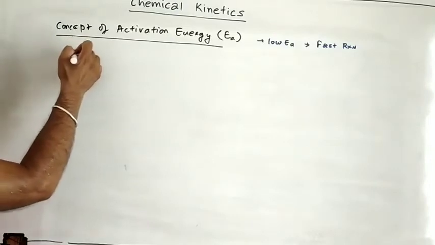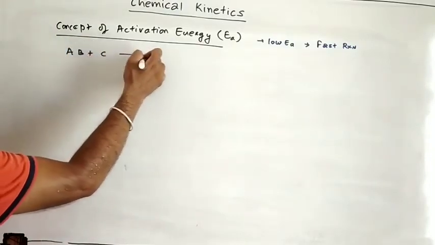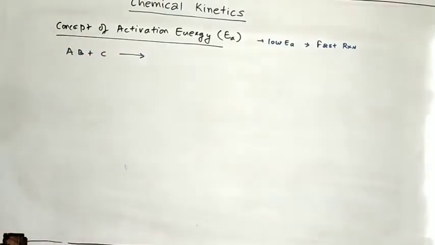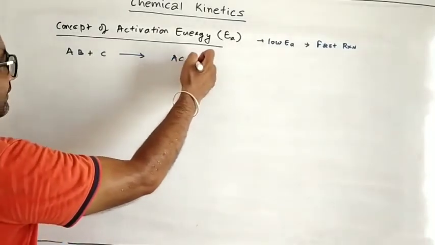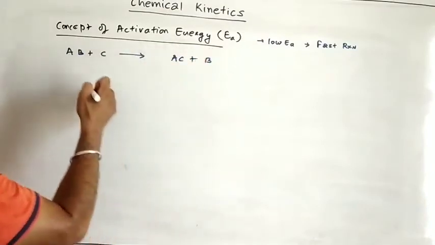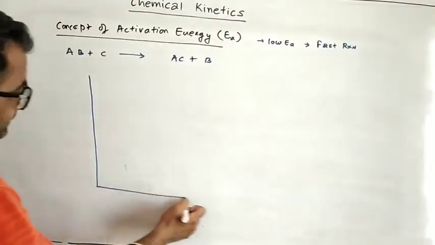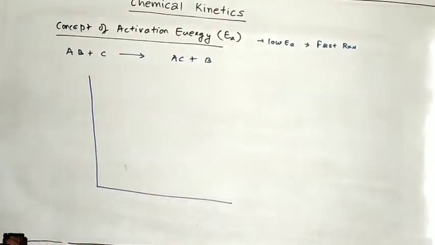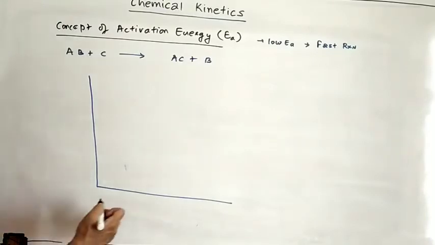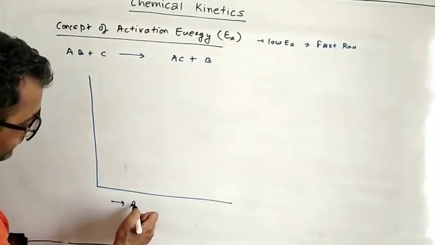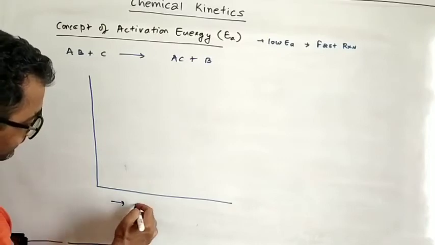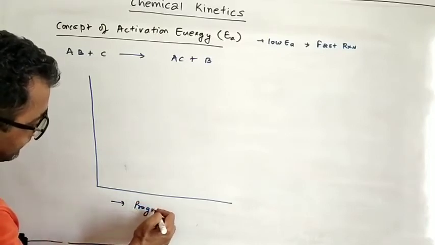सपोज वी हैव नाउ ए बी प्लस सी टू फॉर्म ए सी प्लस बी. We will see the progress of this reaction in the graph. In this case, we will write progress of reaction.